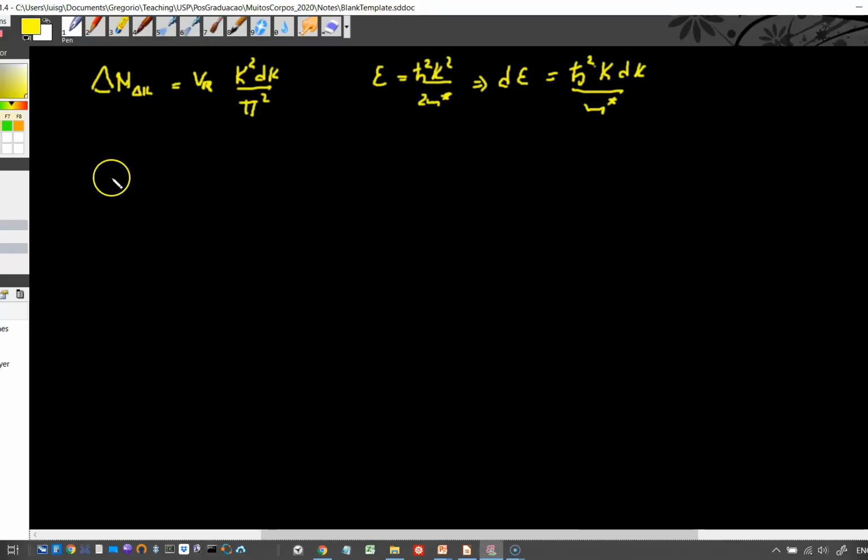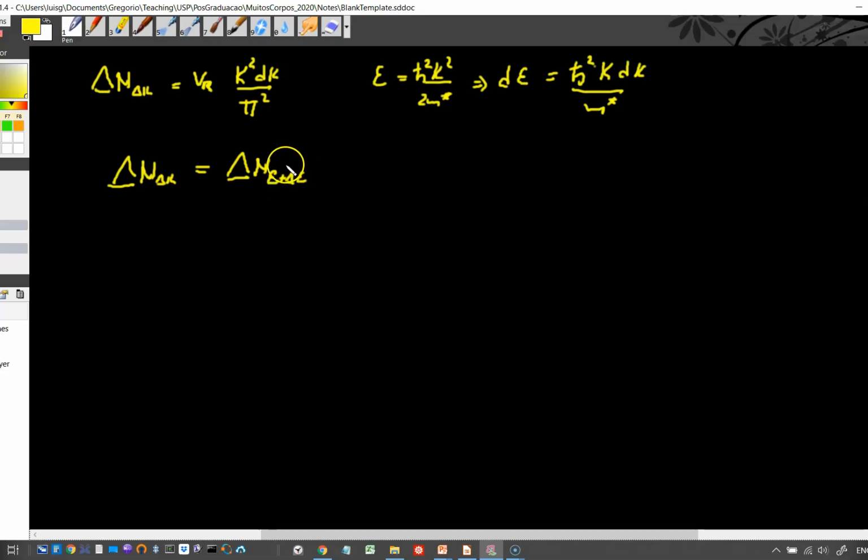All right. Of course, it doesn't matter, I'm counting the same states, right? So the number of states between k and k plus delta k has to be equal to the number of states between ε and ε plus delta ε.